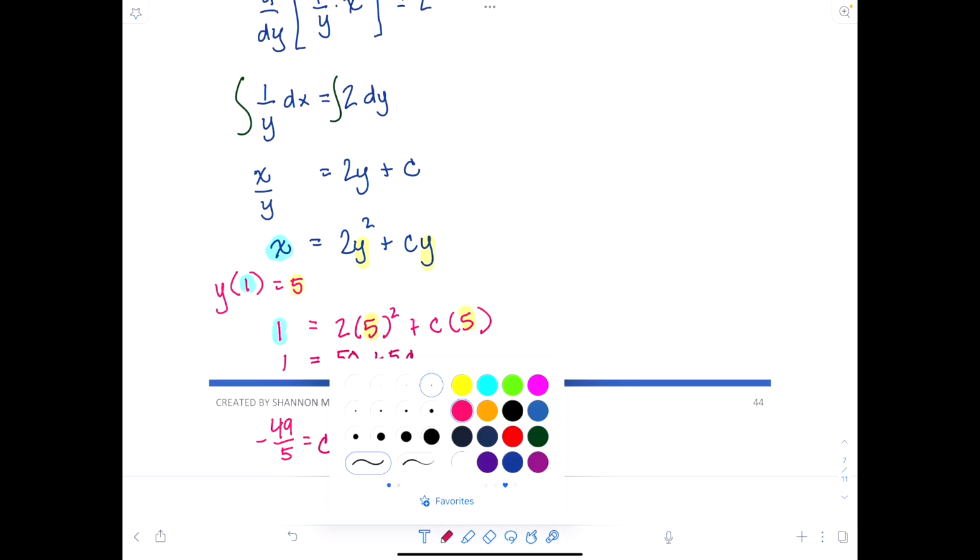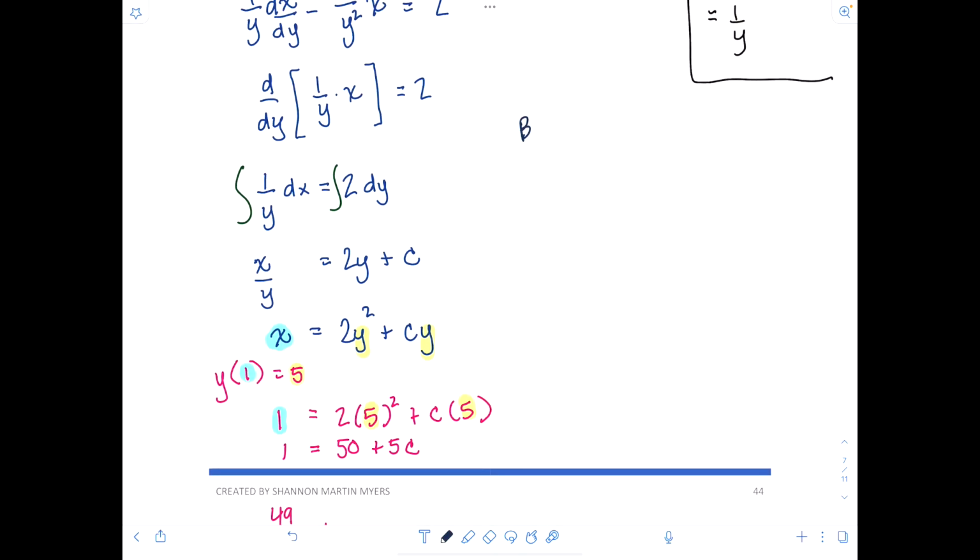So then back substituting what we found, we will have x equals 2y squared minus 49/5 times y, where there's no transient.